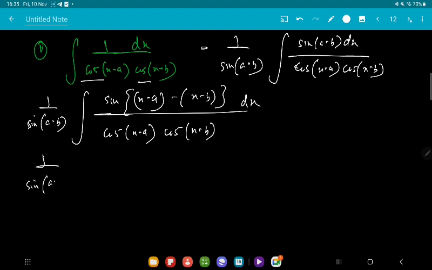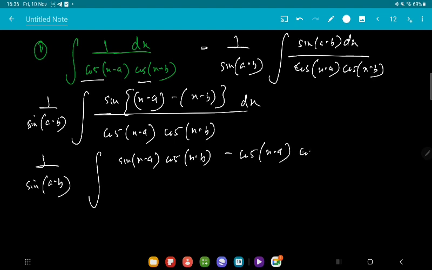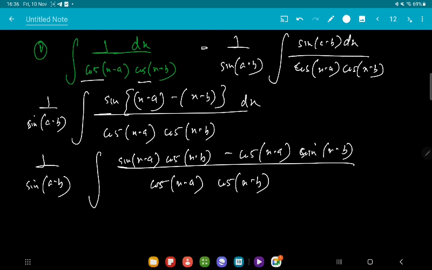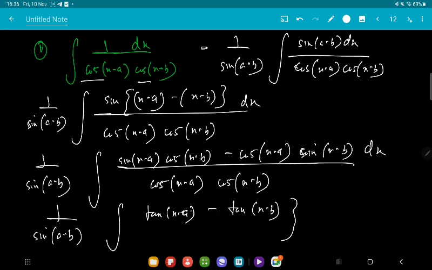So 1 upon sin(a minus b), then I will use the formula sin A cos B minus cos A sin B. So once I solve this out, take the LCM part, tan(x minus a) will remain. Only this much will remain, everything else will cancel.